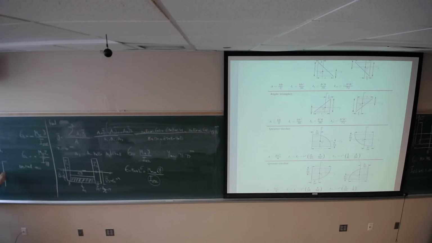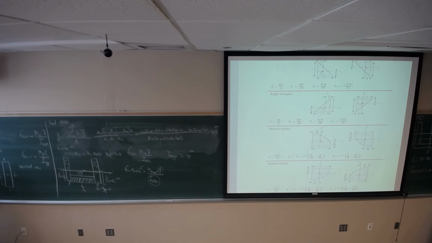If this is cross section 1, I know that I1ZZ with respect to its neutral axis is going to be, this is B, this is H, B times H power 3 divided by 12, which is 8 times 120 power 3 divided by 12.